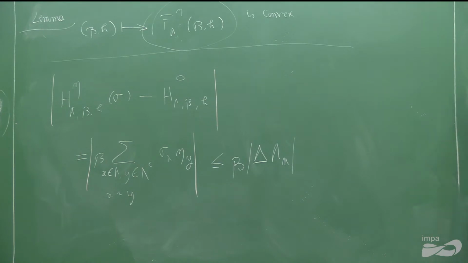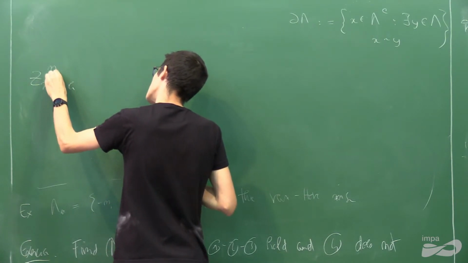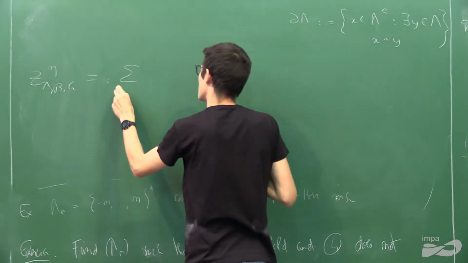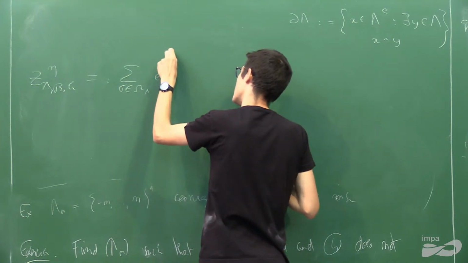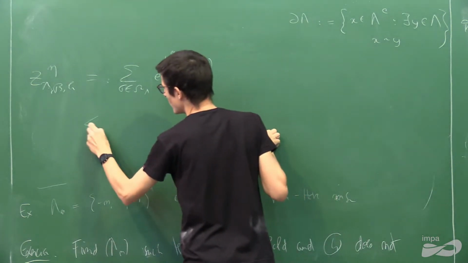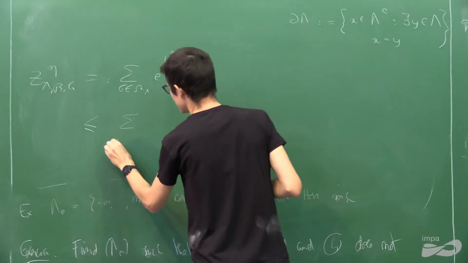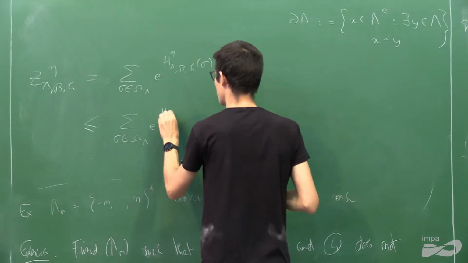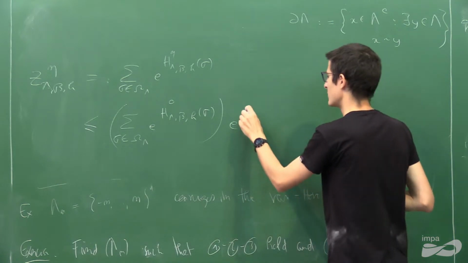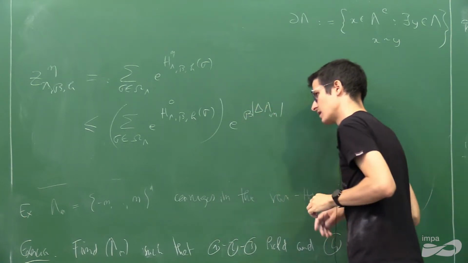So what we have is that Z lambda beta h eta is equal to the sum over sigma in omega lambda of the exponential of this, which is smaller than the sum over sigma in omega lambda of exponential lambda beta h0 sigma times exponential beta delta lambda n, the number of edges linking lambda n to the boundary.